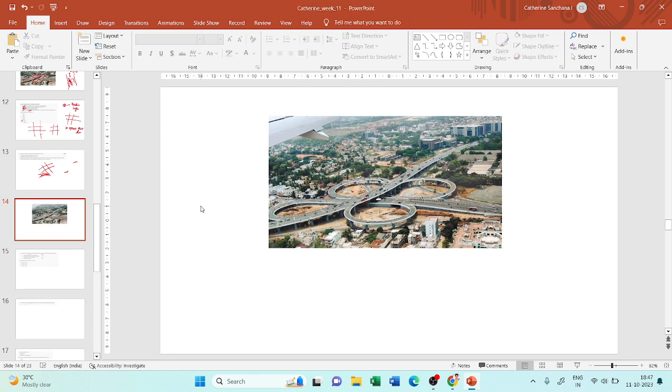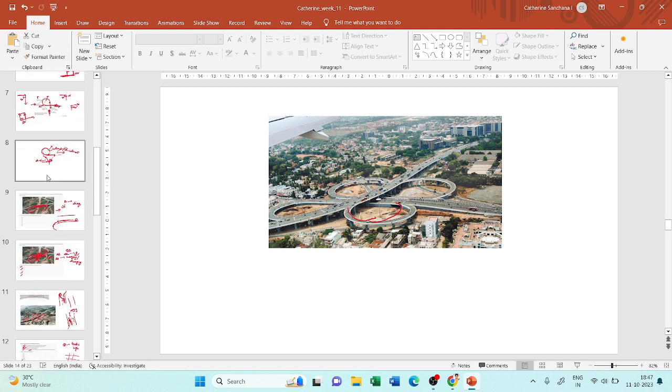Alright, so this is a loop ramp because it is connecting roads at two different levels, right? If you see, this is not clearly visible here. I will show you this figure.